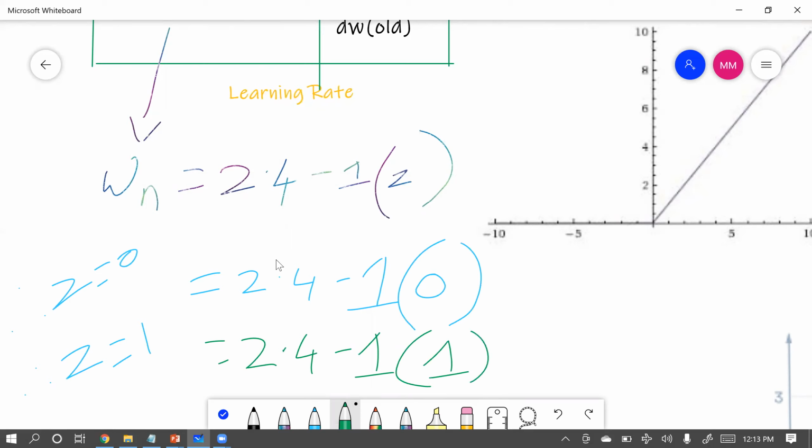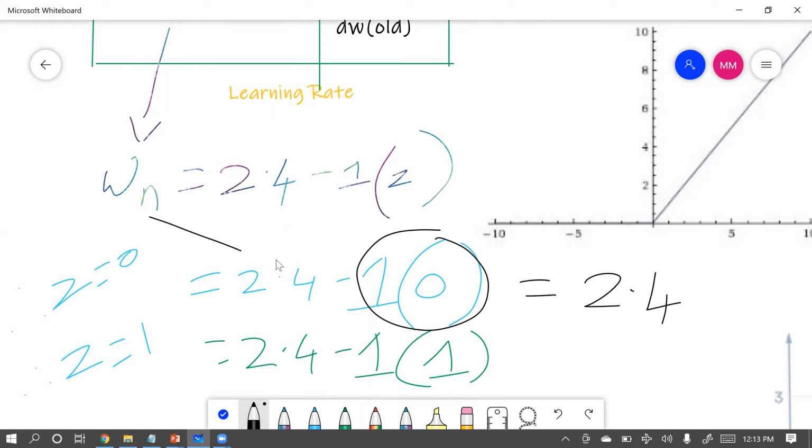If we calculate these two, this entire value will become 0 because 1 into 0 is obviously 0. Now the new weight is calculated as 2.4. If we calculate the other, 2.4 minus 1 is nothing but 1.4.